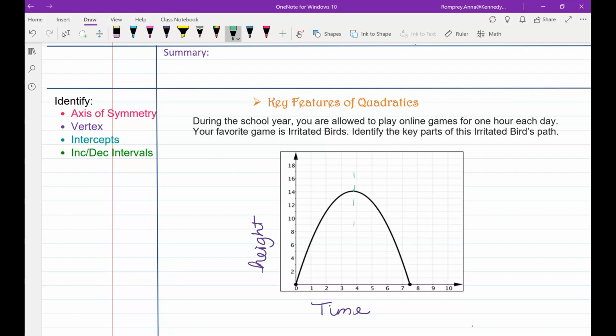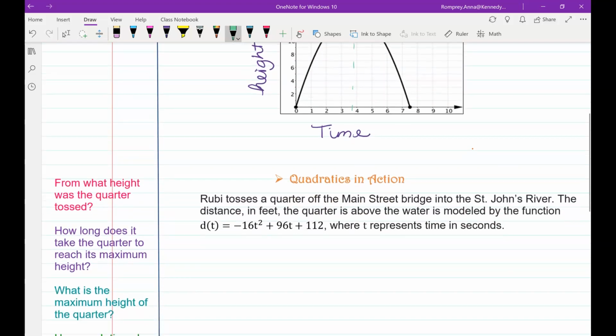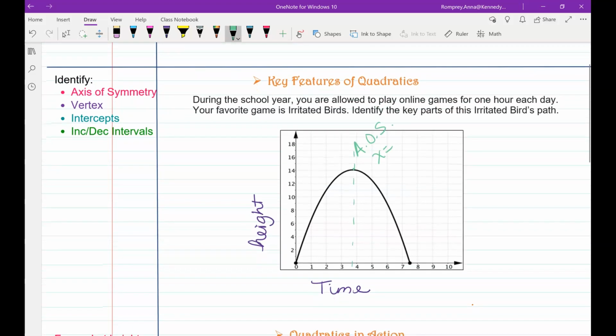So our axis of symmetry is x equals, because it is a vertical line, x equals 3.75. Cool?